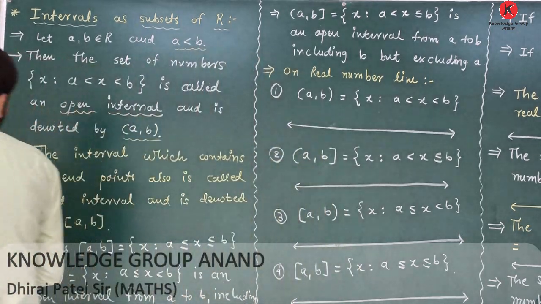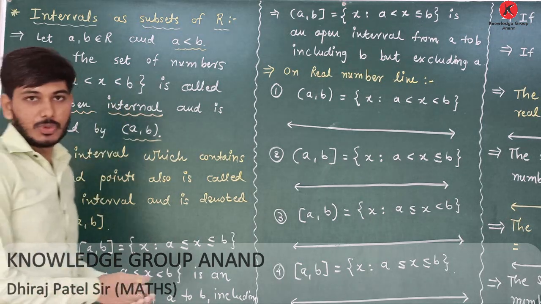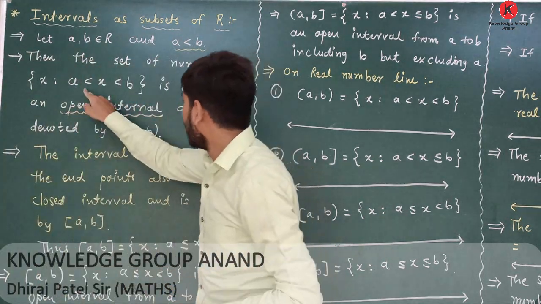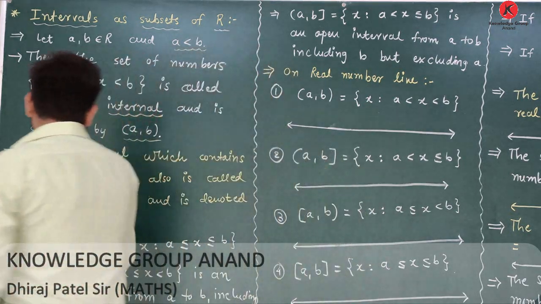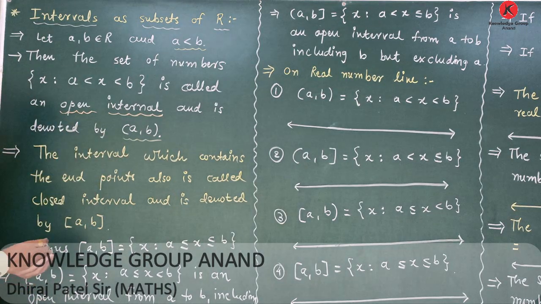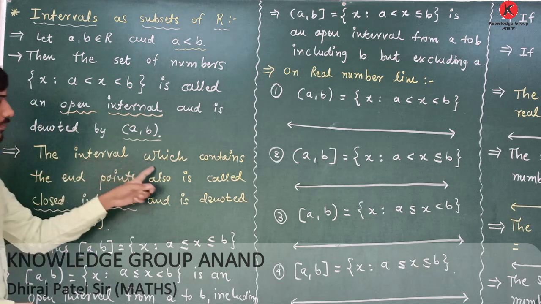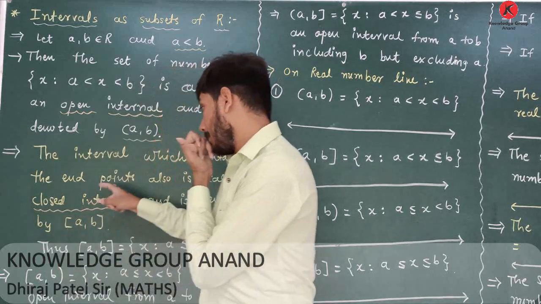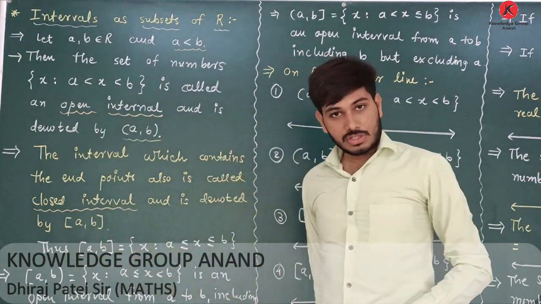But if we want A and B both, then we have to put the equal to sign here. Then the interval is known as a closed interval.